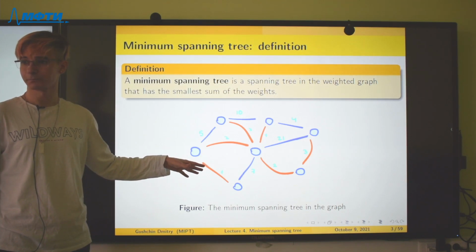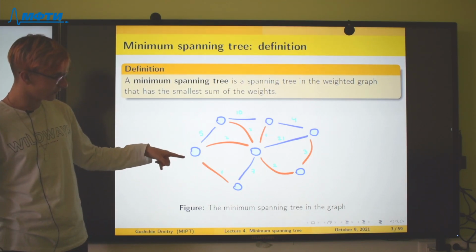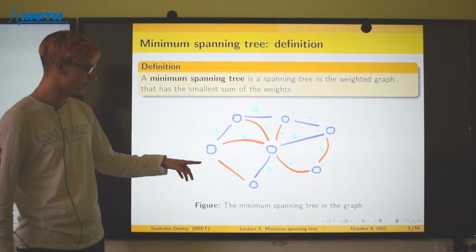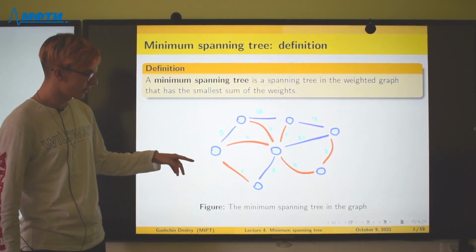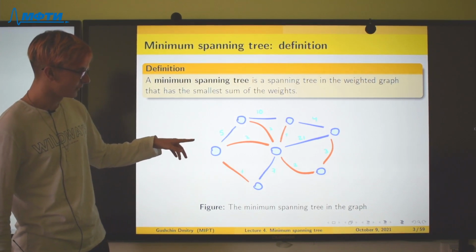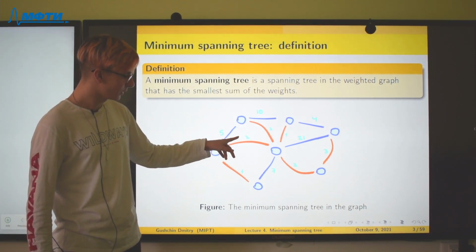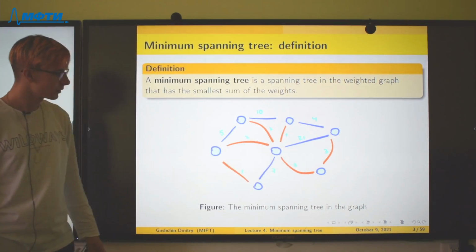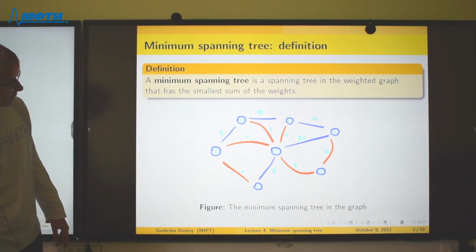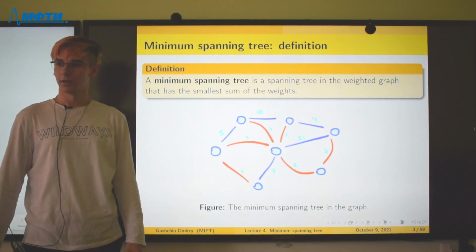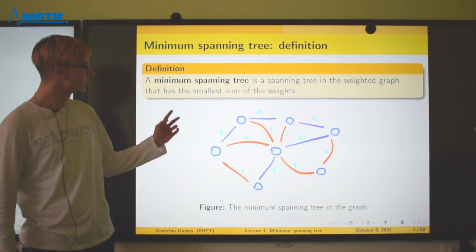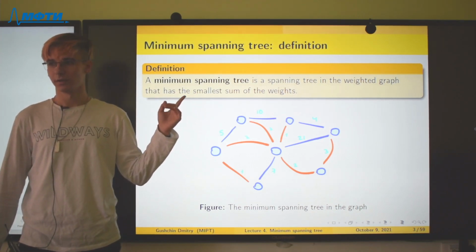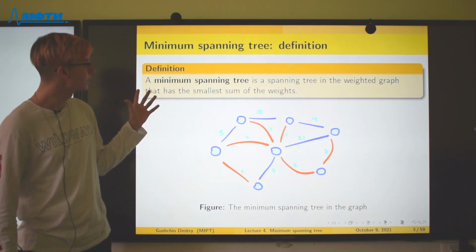For example, in this subgraph that I emphasize by orange color, the sum of the weights equals 1 plus 2 plus 2 plus 2 plus 1 plus 2 plus 3, and it's equal to 11.